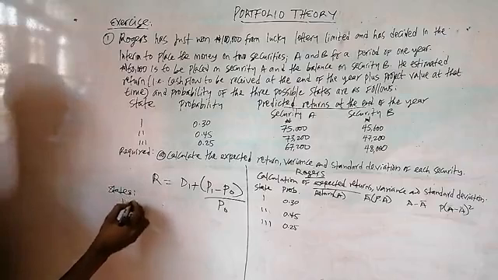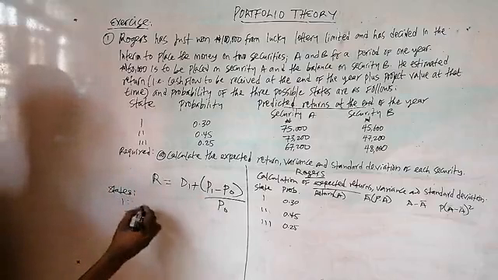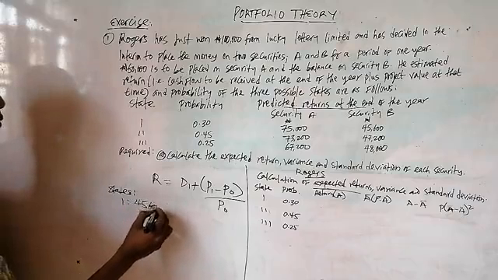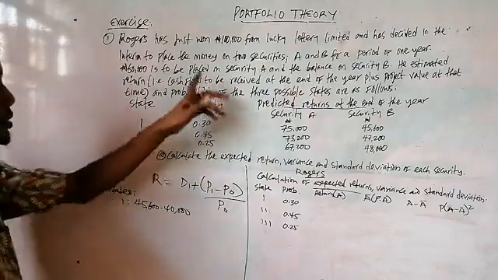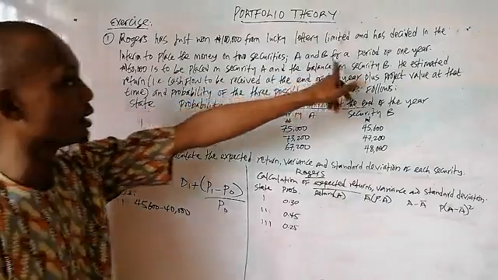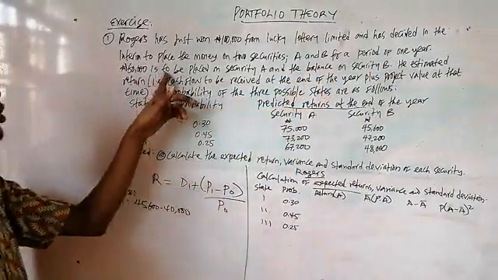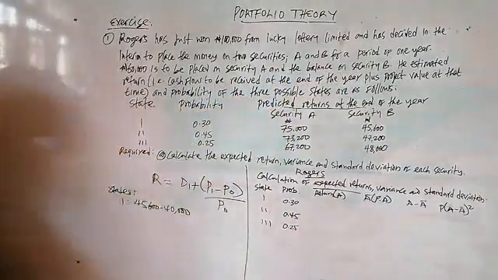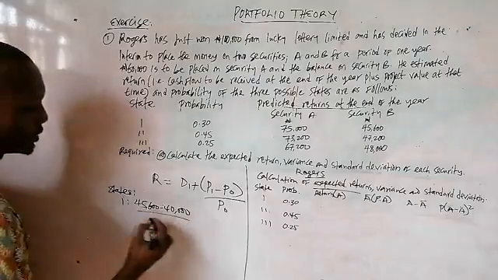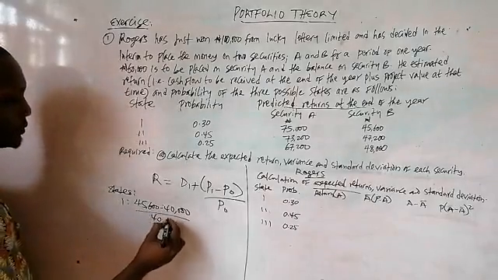For state 1, we have 45,600 minus how much was invested, 40,000. Let's say 60,000 is to be placed on security A and the balance on security B, so the balance is 40,000. So all over 40,000.